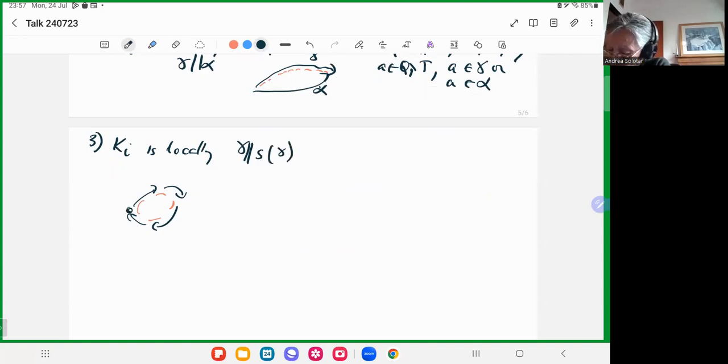Let's say that this is the vertex source of gamma, and in this case the Lie algebra is going to be spanned by an infinity of elements that we call gamma k for each k. And this corresponds to going around gamma k times.